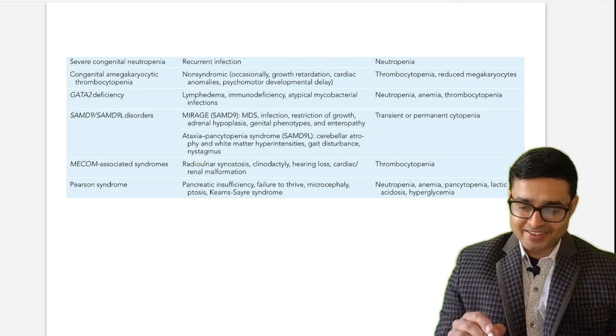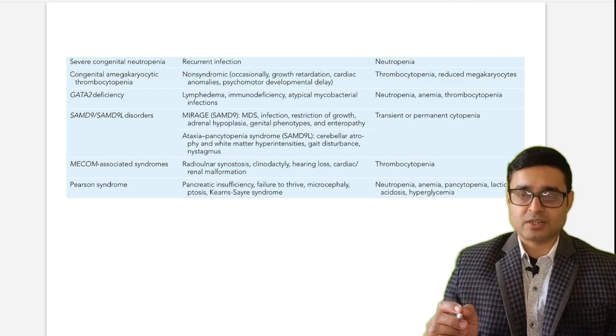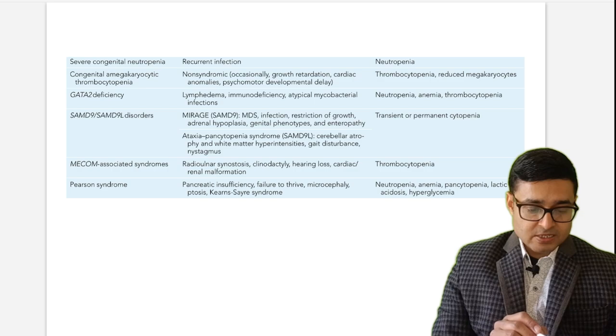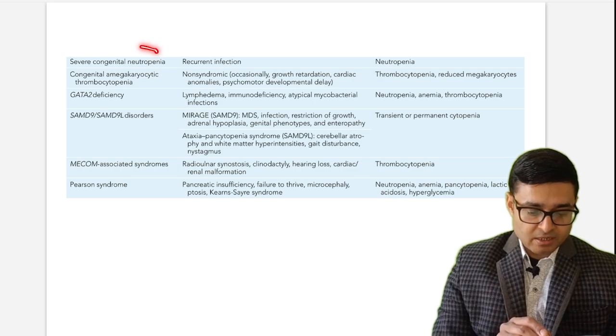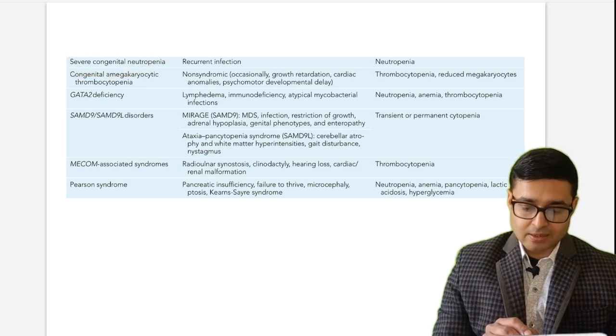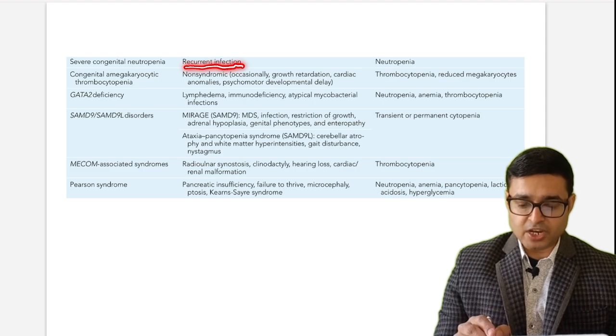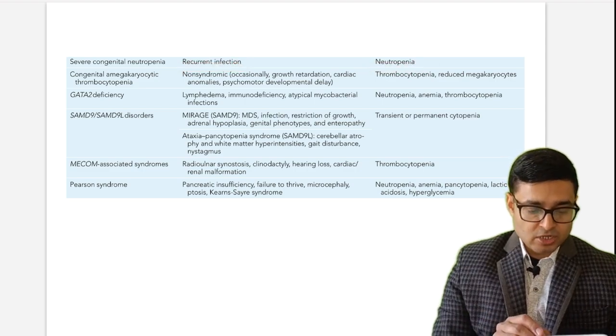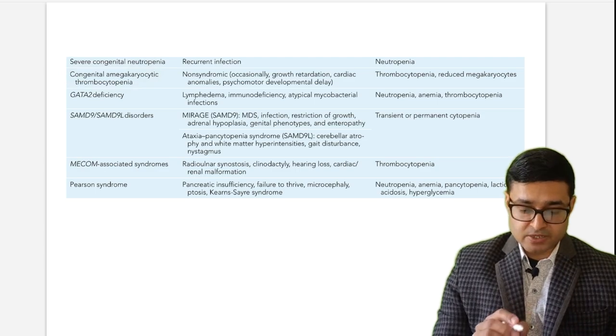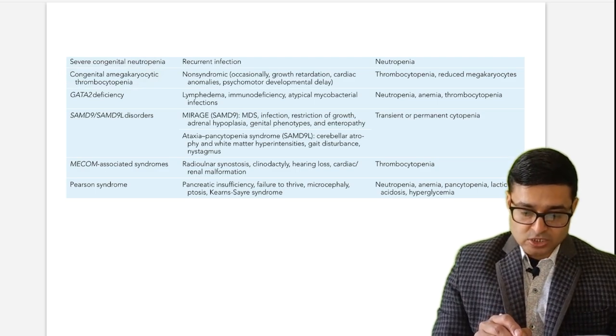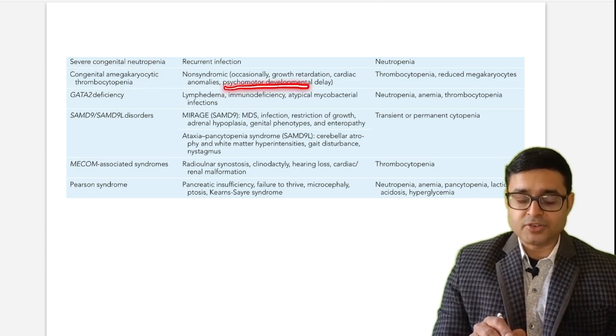Next is the set of syndromes associated with pancytopenia. Severe congenital neutropenia, as the name suggests, has recurrent infection and neutropenia. Congenital amegakaryocytic thrombocytopenia, as we discussed in the previous table, is non-syndromic with psychomotor developmental delay.